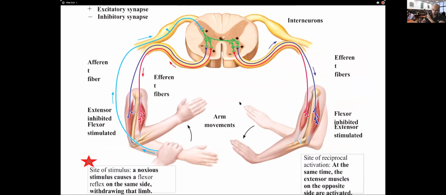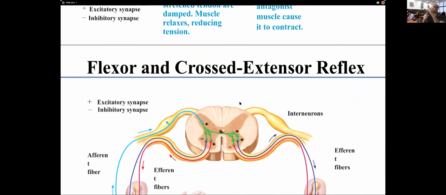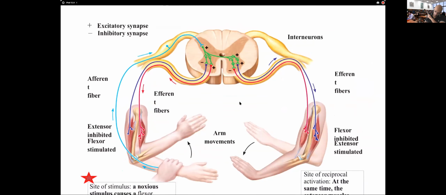So we call this a flexor crossed extension. You've got a flexion here, where you've got a person pulling you, and on the other side, you are performing an extension to push him away.